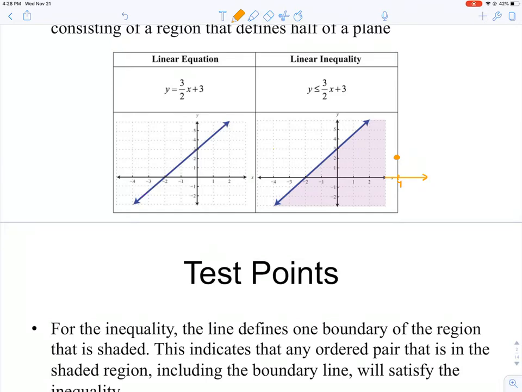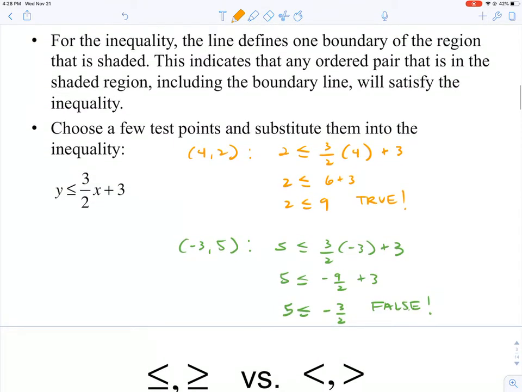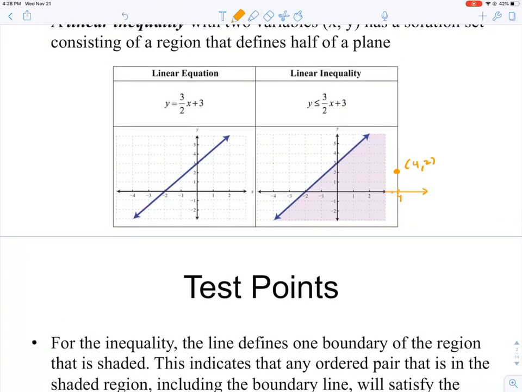If we imagine this graph extending in all directions, the point (4,2) would be in that shaded region, so it would be part of the solution set. Whereas the point (-3,5) we can see is not in the shaded region and therefore not part of the solution set to this linear inequality.